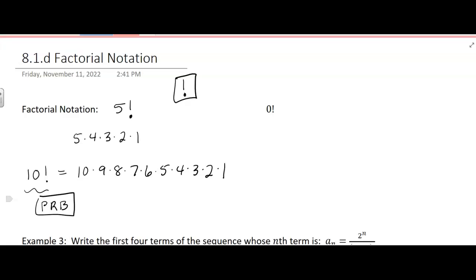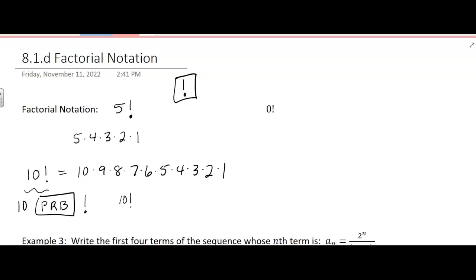If I push 10 on my calculator, so put the 10 in first, and then I hit the probability button, it gives me a choice. It's got MPR and then MCR and then the exclamation point. So I use my arrow key over to the exclamation point, and I hit enter, and it'll say 10 factorial on my screen.